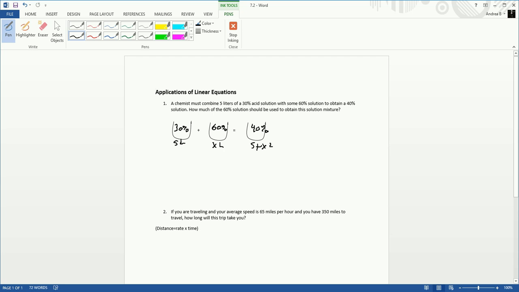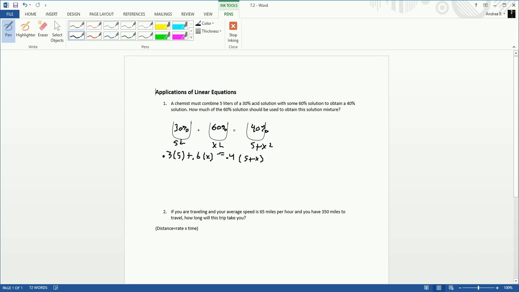And then we want to go through and set up our equation. So here we'd have 0.3 times 5 plus 0.6x is equal to 0.4 times (5 plus x) in parentheses.